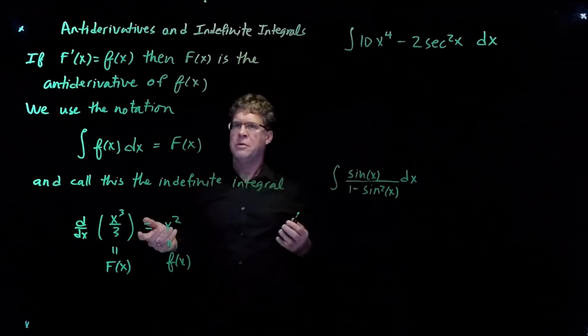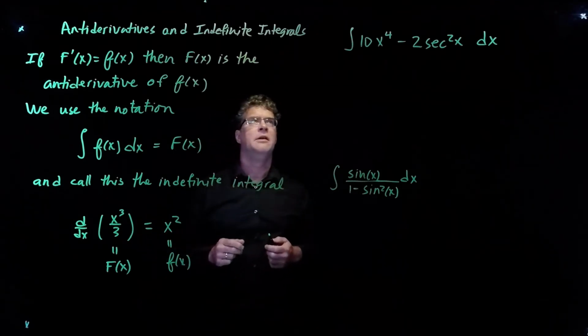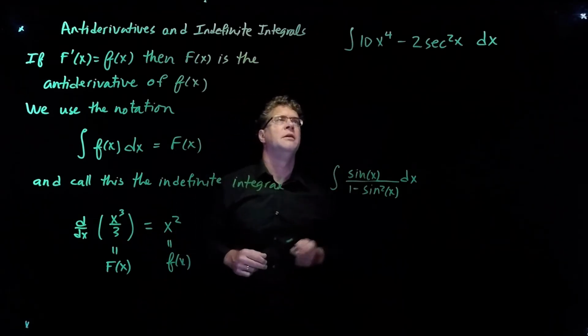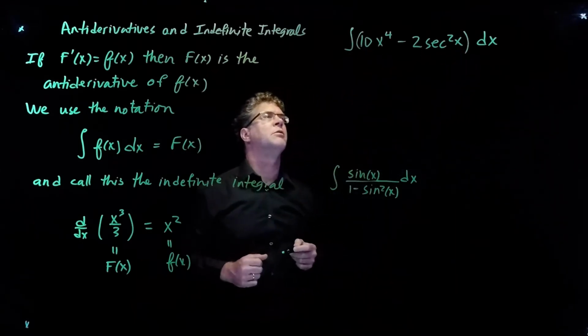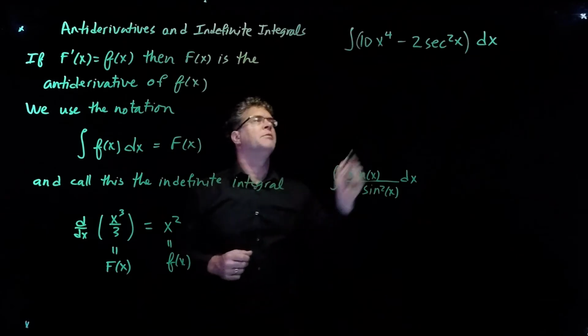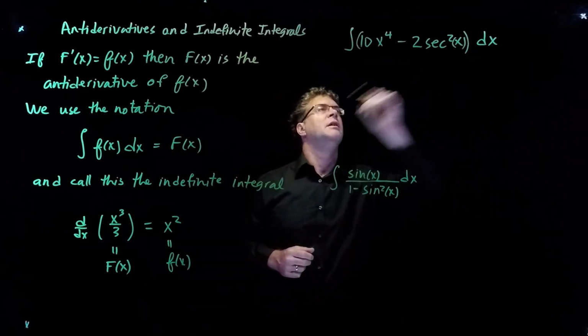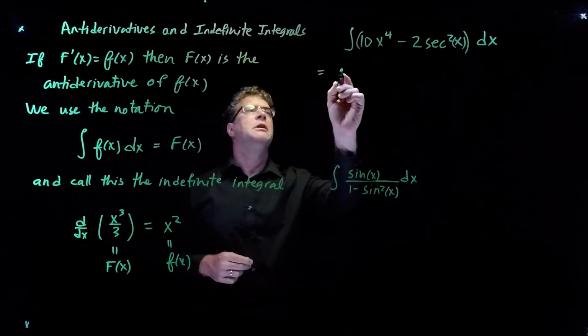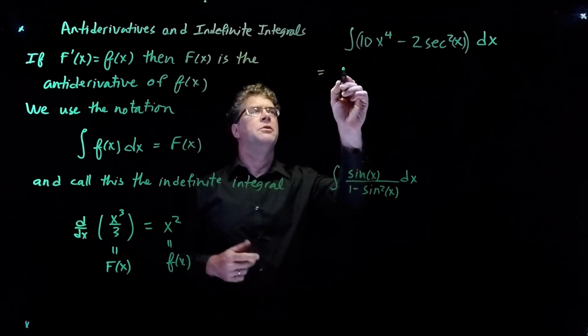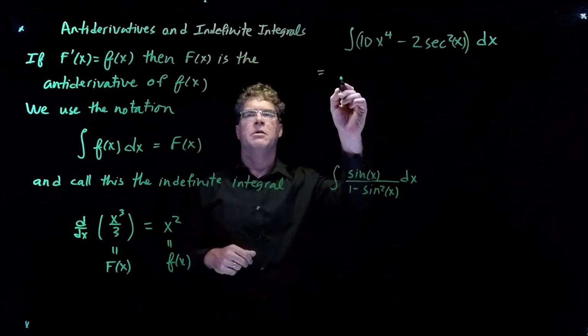So let's work through a couple of examples. The first one is given here, and we want to take the integral of 10x to the fourth minus 2 secant squared of x. And the first thing we do is use the rule that the integral of the sum is the sum of the integrals.